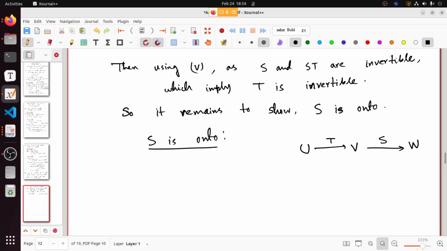So let's take an element small w from W. You have to find an element which is in V.